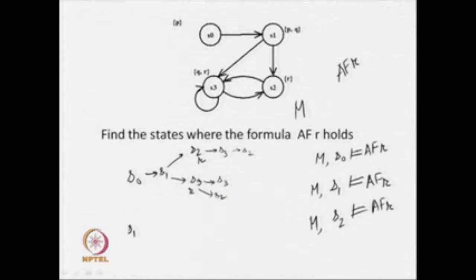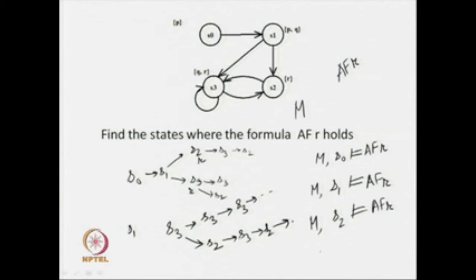Now, when we come back to this particular state S3, from S3 we are having a transition to S3 like that, or we can have that from S3 we are going to S2, coming back to S3, again going to S2 like that. So, we will say that in all those particular examples in future state R is true.